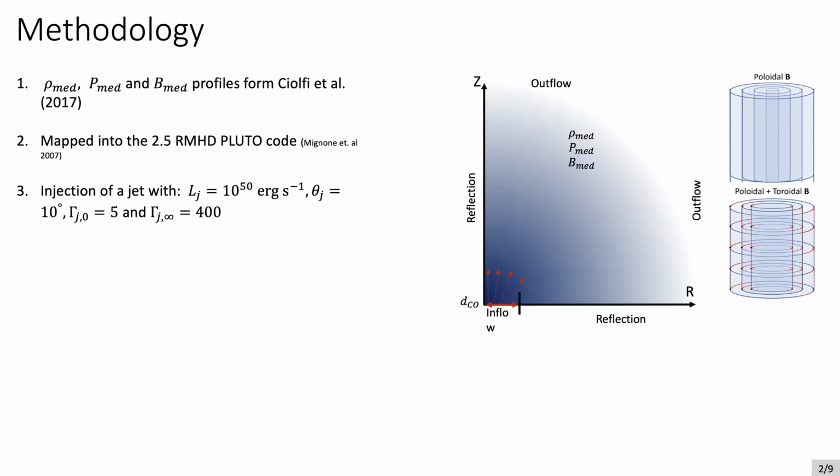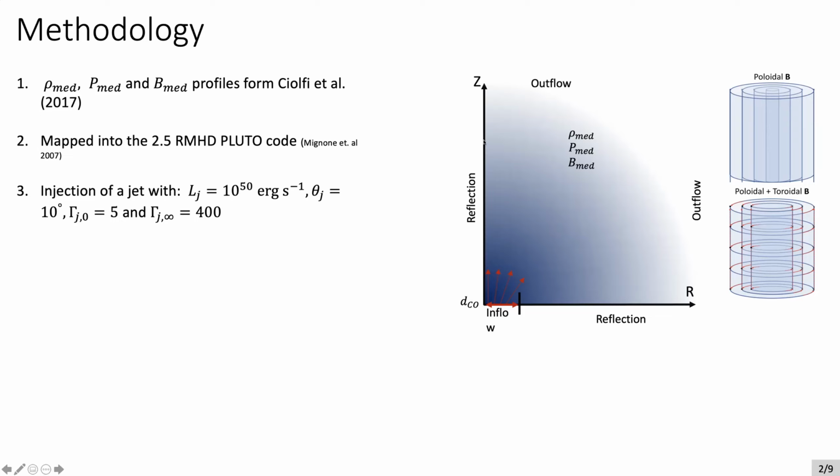We map them into the 2.5D RMHD PLUTO code, and then we can inject a relativistic jet with these properties: luminosity of the jet 10^50 ergs per second, aperture angle of 10 degrees, initial Lorentz factor of 5, and an infinity Lorentz factor of 400.